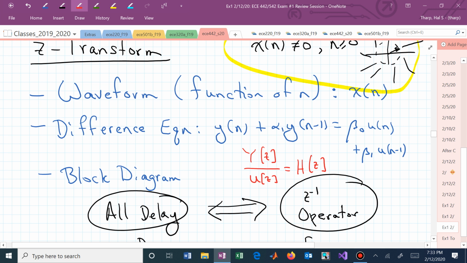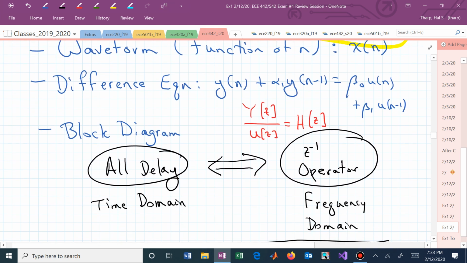I'm wanting the transfer function between the input u and the output y. H of z is then y over u, because when you now multiply this by U of z, you better get Y of z. You better get the output.